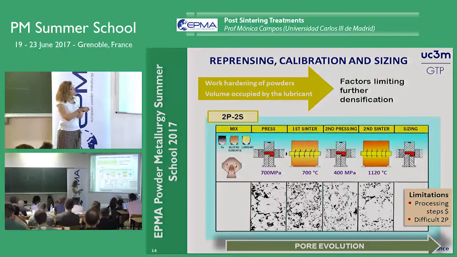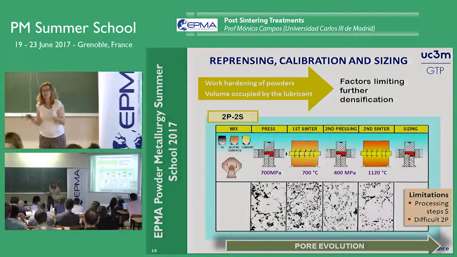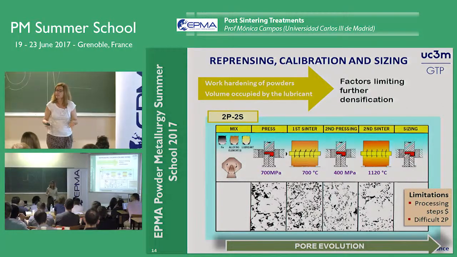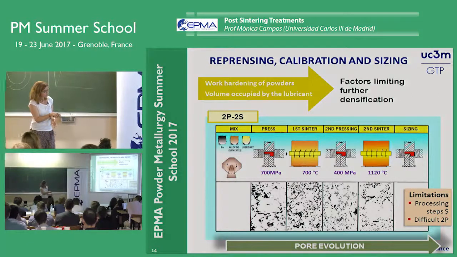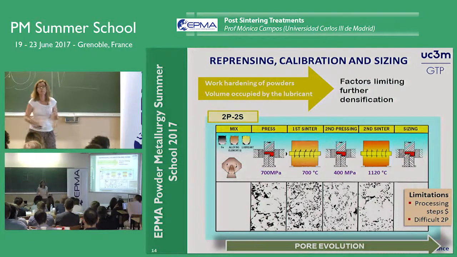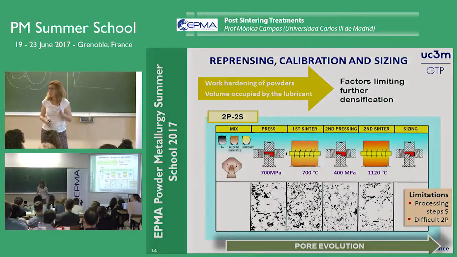Then here we can press it again, and finally go to the furnace in the standard conditions for a steel, 1120 or 1150. After that, we need to size if the component has a very complex geometry, because with these two steps of sintering process, the range of tolerance is relatively wide.